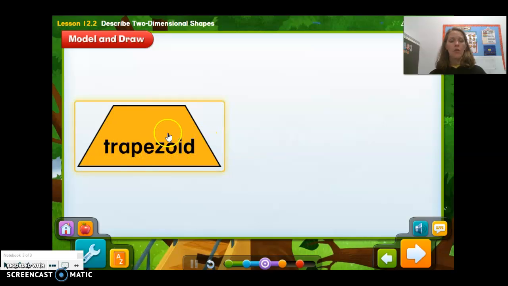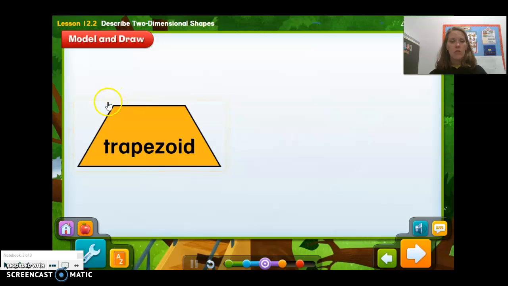A trapezoid has 4 sides. A trapezoid also has vertices or corners. When you're talking about a single corner, it's called a vertex. How many vertices does a trapezoid have? Click each to show all vertices. So remember what we have learned, that another word for vertex is a corner.